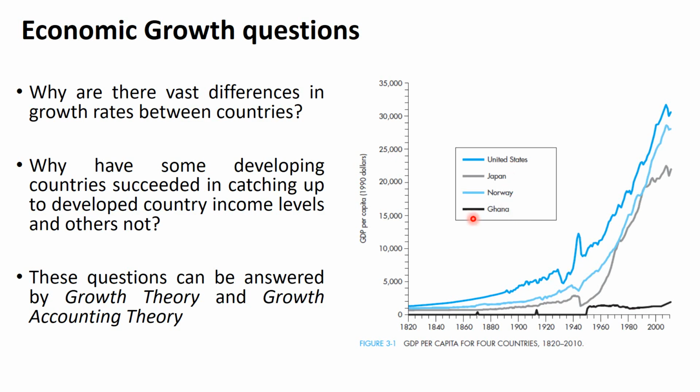On the horizontal axis, we have our timeline. This graph starts off in the 1820s and continues with information up until the 2000s. On the vertical axis, we're measuring GDP per capita in 1990 dollars. Just to remind ourselves, GDP is gross domestic product. Per capita means that we're talking about gross domestic product per person.